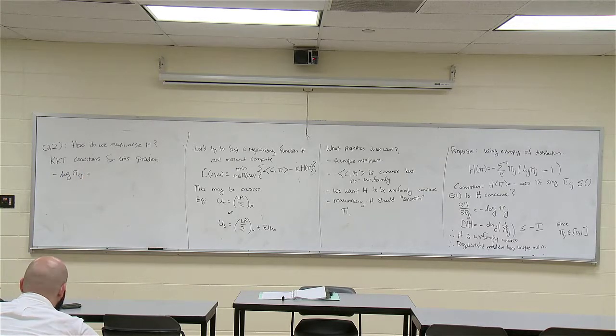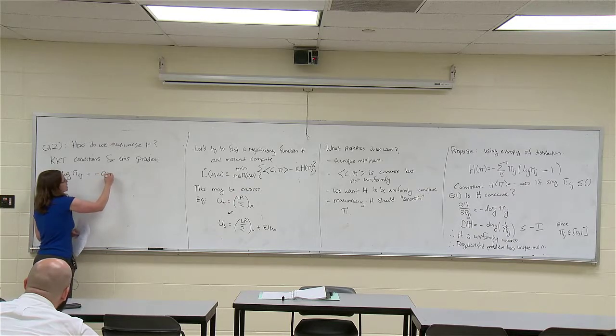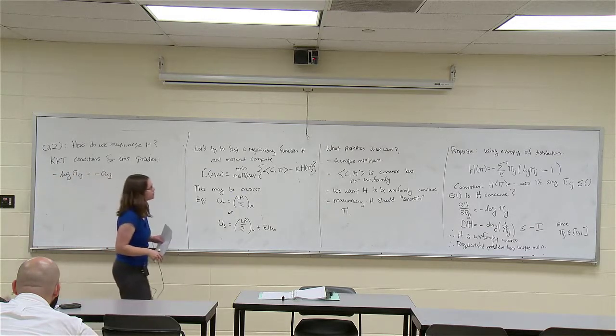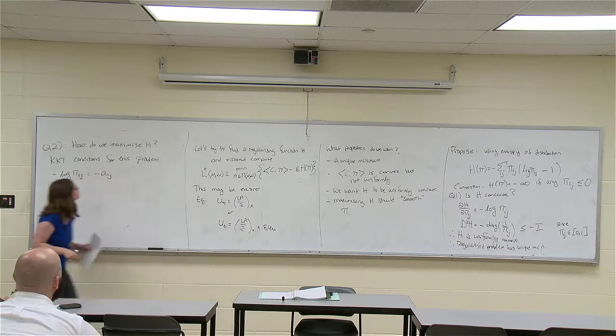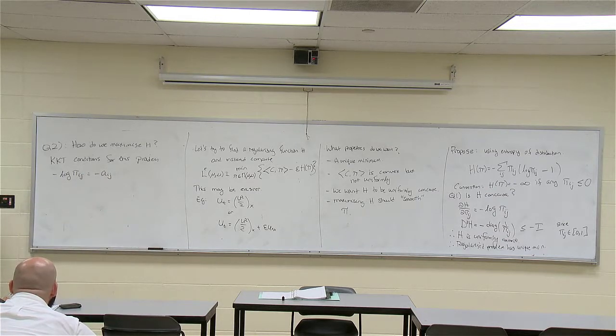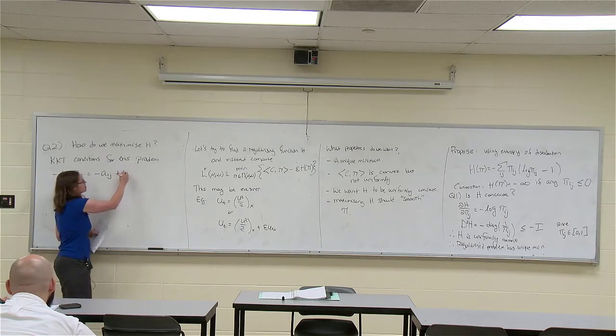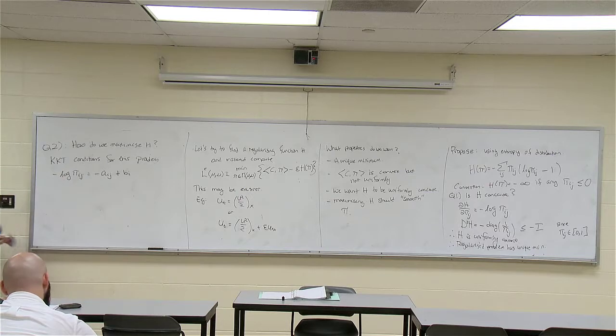I have something from my inequality constraints, right? So I'm going to let a be the term that multiplies my inequality constraint. I have something from each of my equality constraints, which are not currently written down. I sum the pi's in one direction and I get mu i, right? So I have n constraints that way. This is going to be the coefficient that multiplies that constraint.